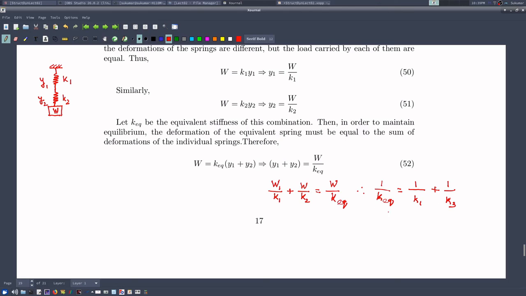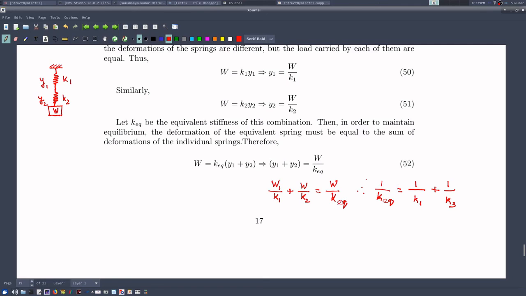This is similar to the parallel combination of resistors from physics or electrical engineering. You must have learned that when resistors are connected in parallel, the equivalent resistance is given by a similar formula.